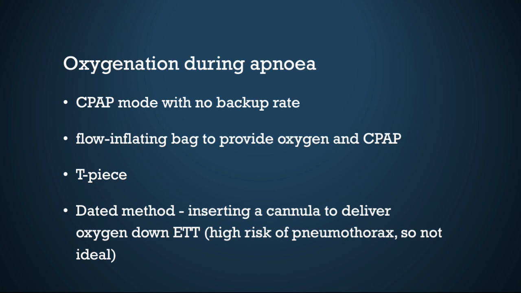You can use an anesthetic flow-inflating bag to provide oxygen and set CPAP, a T-piece kind of method. And then a slightly older method, which is less favorable, but if it's the only option that you have, you can use it: popping a cannula with oxygen down the ET tube. Just bear in mind that the risk of complications, such as pneumothorax, is highly possible with this method.